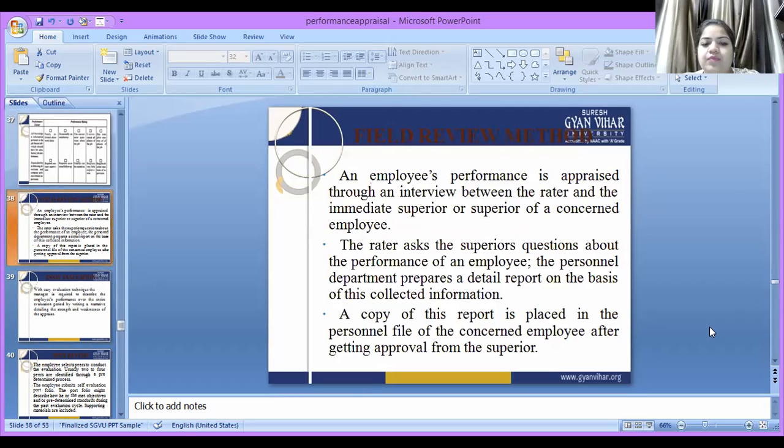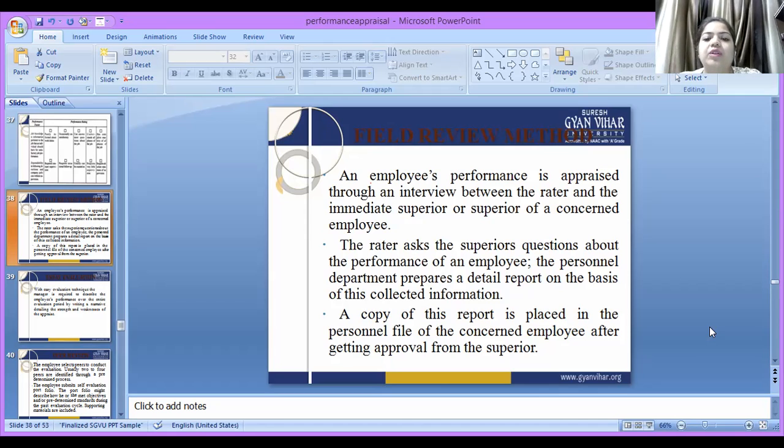Field review method. An employee's performance is appraised through an interview between the rater and the immediate superior of the concerned employee. That means through the superior, the rater will ask questions and evaluate the performance of the employee. The rater asks a set of questions about the individual performance of an employee.